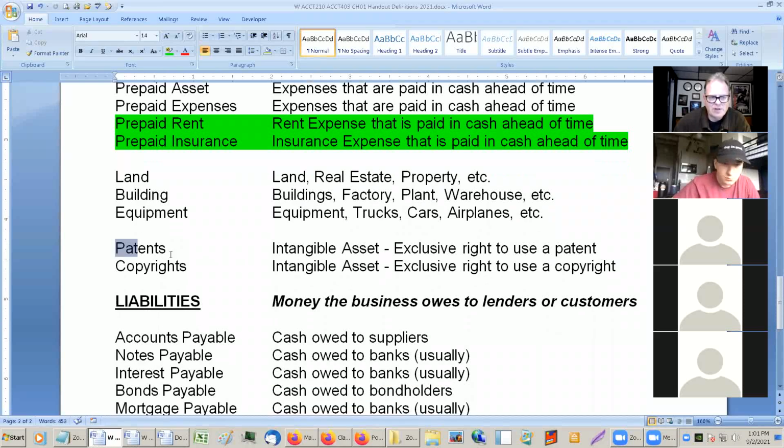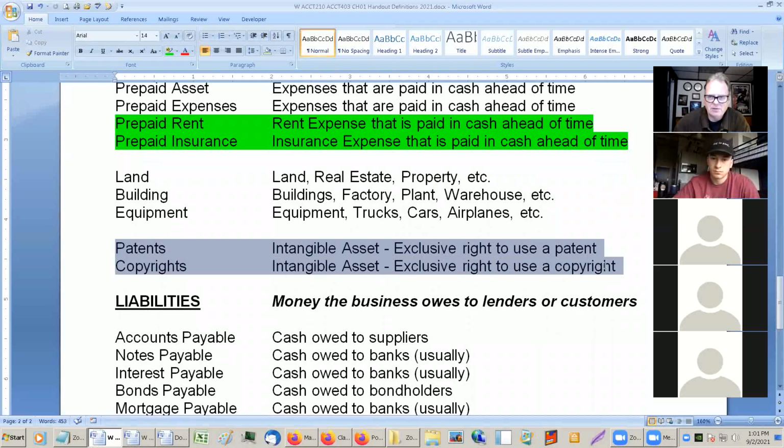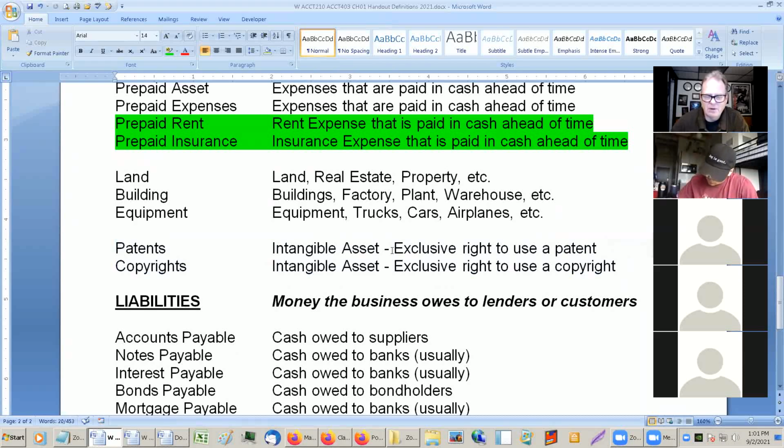We also have some strange ones that are what they call intangible. Two of the more visible ones are patents and copyrights. A patent is the right to use an idea. Drug companies will have billions of dollars of patents.